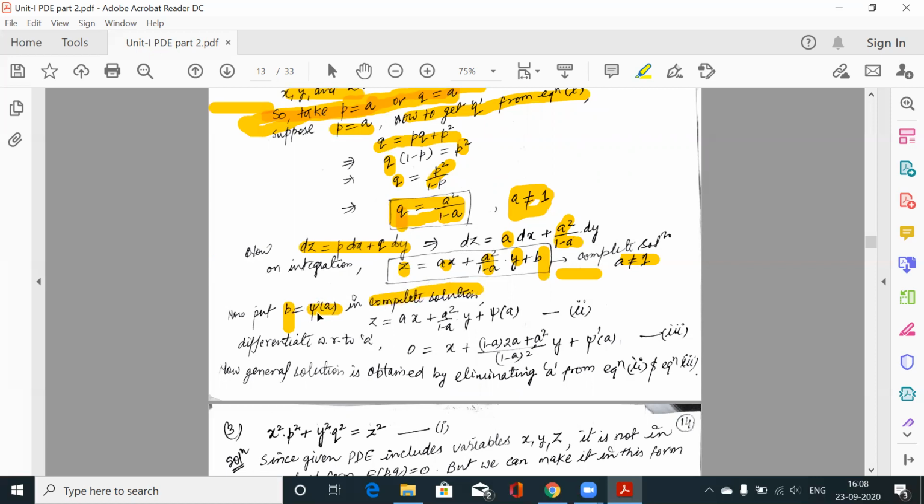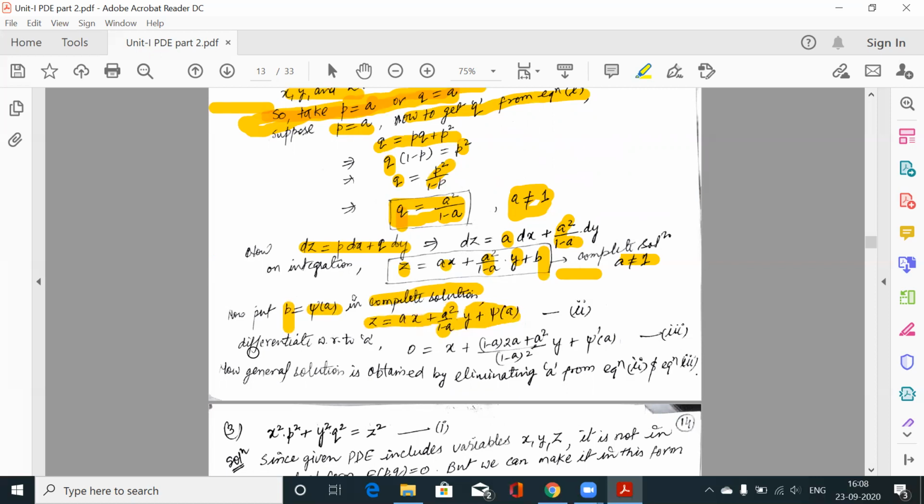Because we are not using any function phi here, you can write phi of a also, whatever, it is a function of a. So whether you write f a, g a, phi a, psi a, you can write anything in terms of a function. So put b is equal to phi a in the complete solution. So z is equal to ax plus a square by 1 minus a y plus, in place of b, we wrote a function of a.